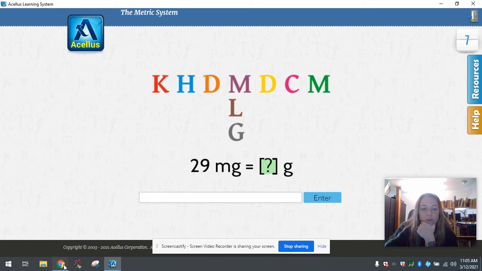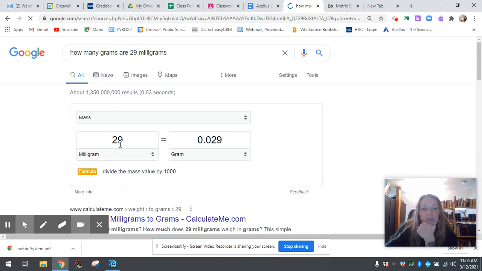Okay, so 29 milligrams is equal to 0.029 grams. The really cool thing about the metric system is that it's all around base 10 numbers. So it does make it easy in a sense.